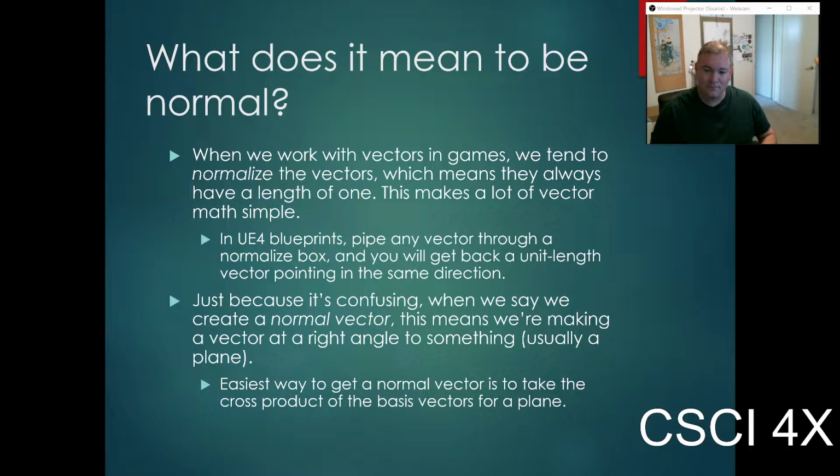Okay? And this is used all the time as well. For example, if you throw a ball at a wall and it hits the wall, it will reflect around the normal vector. Let's try this real fast. So if you have a wall, the normal vector is pointing straight out from it, like that.